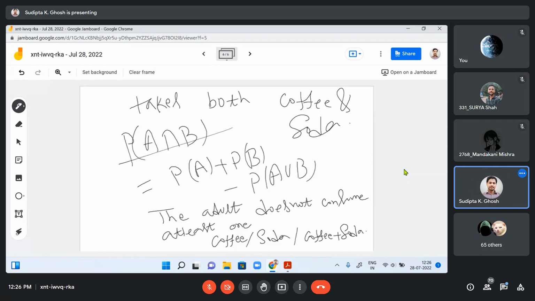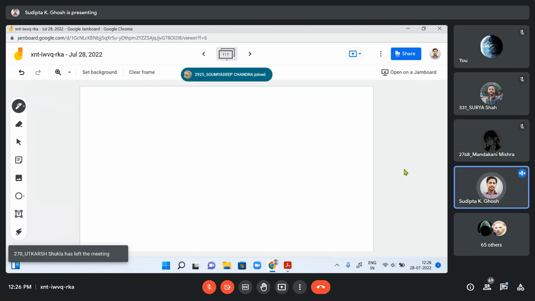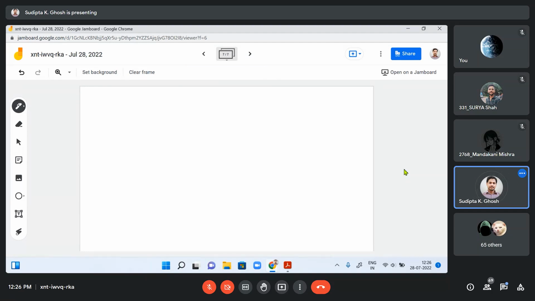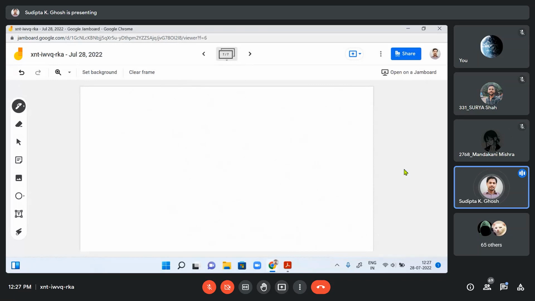So now you tell me how to construct the events in this case, whenever the person is taking coffee but not soda. Can anyone tell me how to construct the event when the person is taking coffee but not soda? From here, what is my event? First you see, what is my event? I have denoted A as the event that the adult takes coffee.